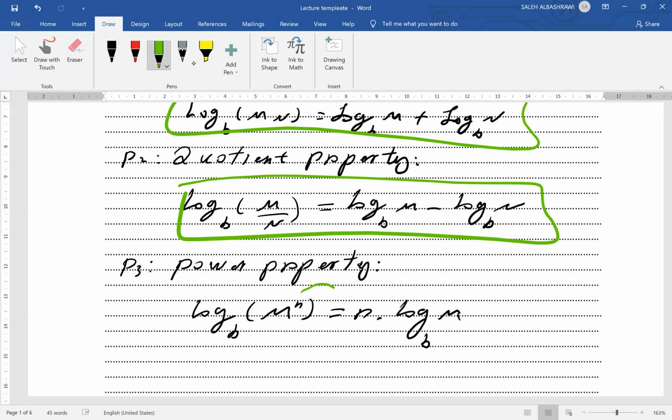Meaning this n is written down as a product. It is n multiplied by logarithm of m with base b.